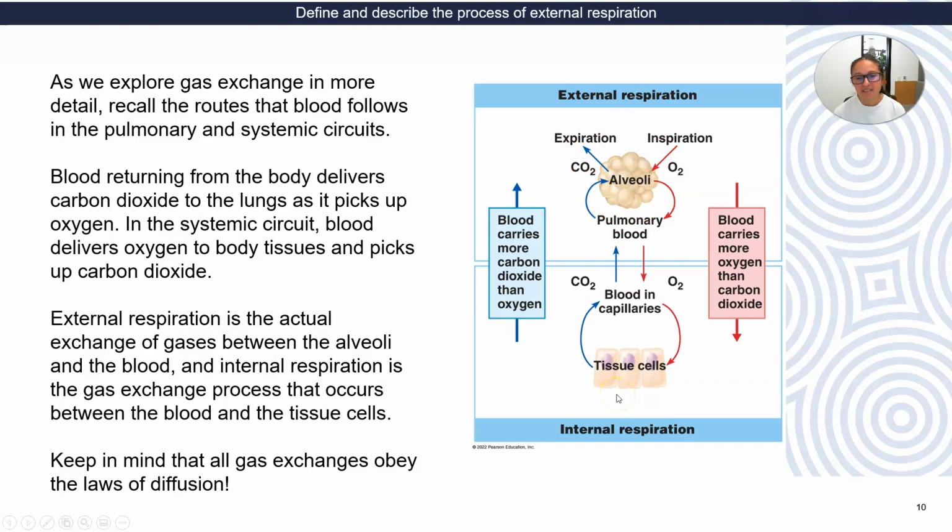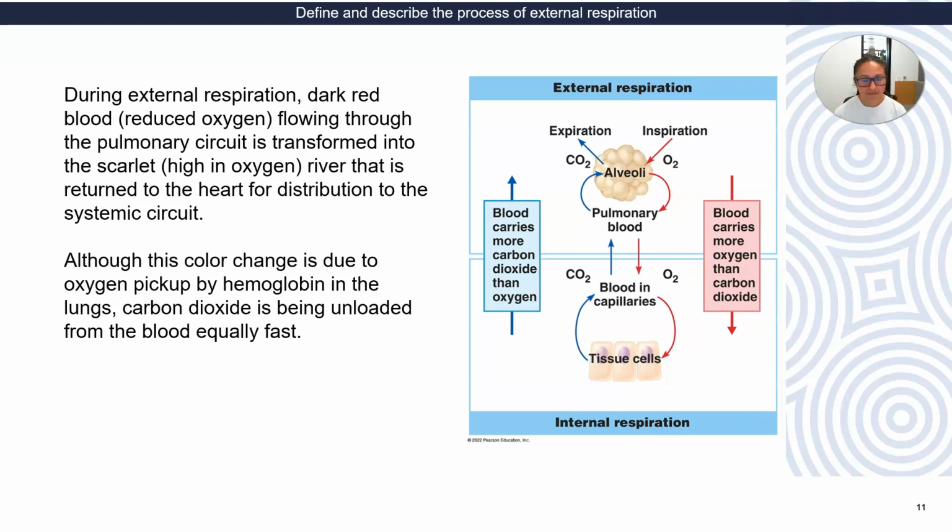Internal respiration, we're exchanging gases from the blood to the tissue cells. And cellular respiration is what the tissue cells do with those gases. All right? Just reminding ourselves that there are multiple bits to it. And it all works by using diffusion.